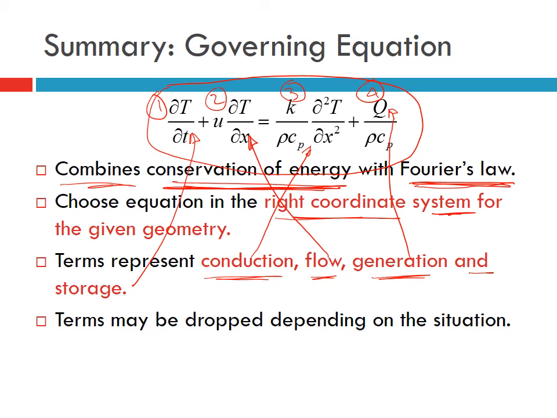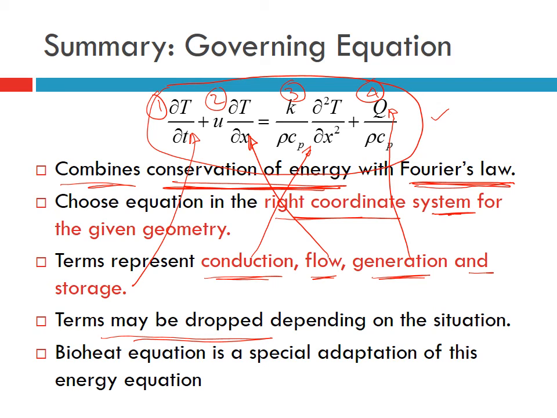Terms may be dropped depending on the situation. That makes our life easier. We're not always going to solve this big equation. We're only going to solve small parts of it. And the bioheat equation that we did is only a special adaptation of this energy equation.